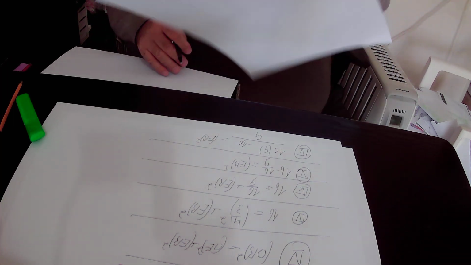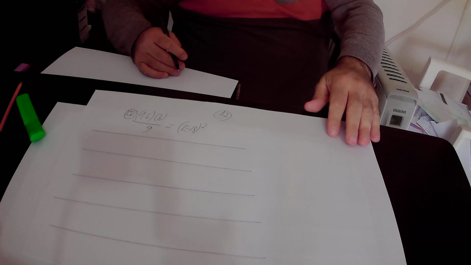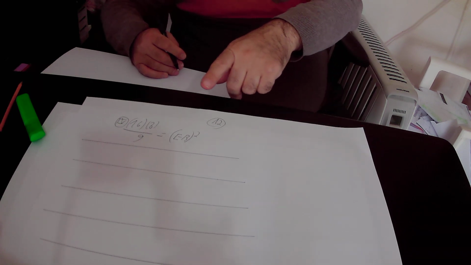So we got that 16 times 8 over 9 equals EB squared.